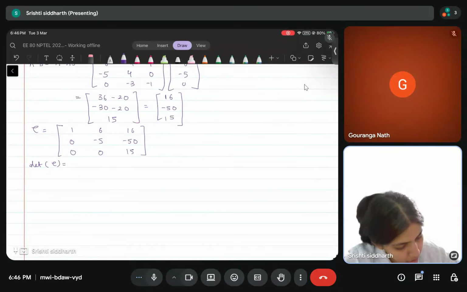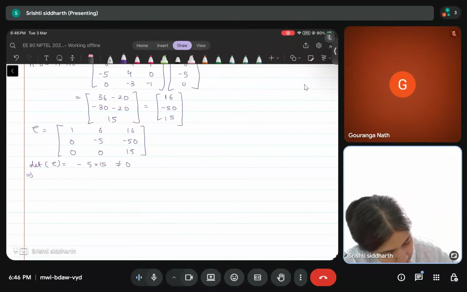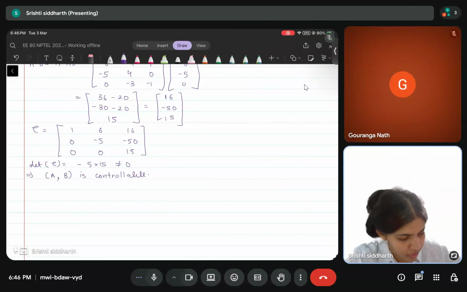This is 1, which implies that the pair (A, B) is controllable. This means the rank of C is 3.